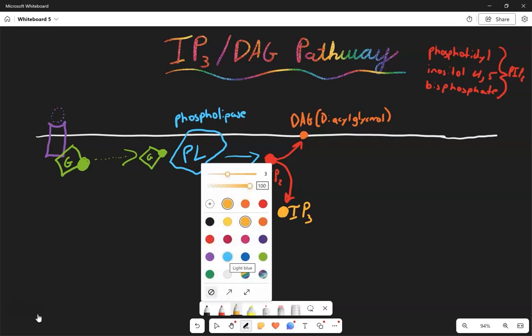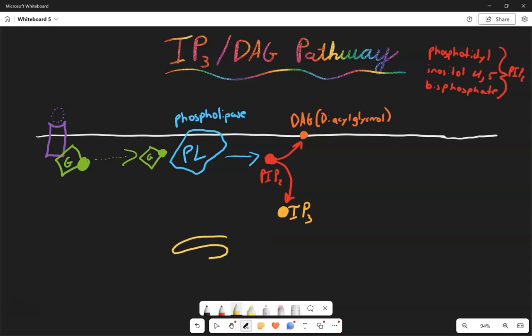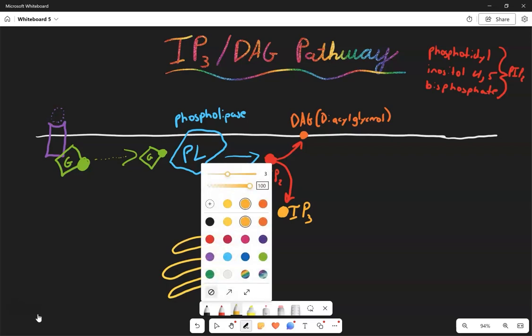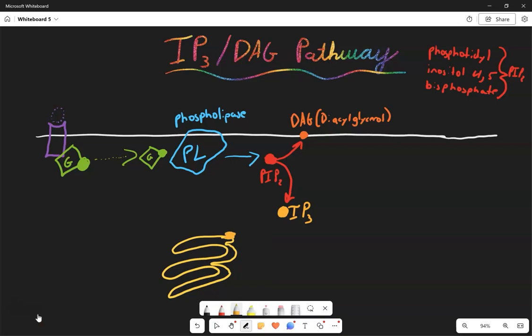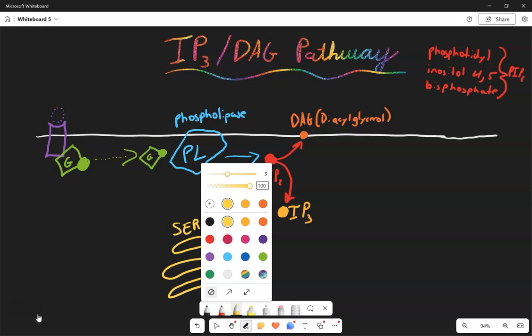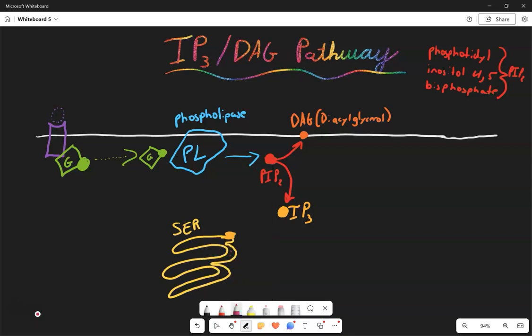And what that IP3 does is pretty cool. It's going to come down here and insert itself on the smooth endoplasmic reticulum. So this down here is your smooth ER, smooth endoplasmic reticulum. And that is then going to activate the smooth endoplasmic reticulum for calcium to leave it.